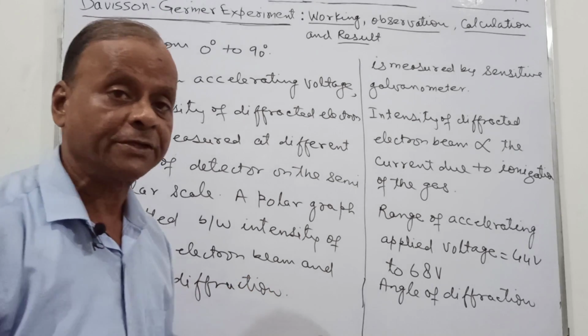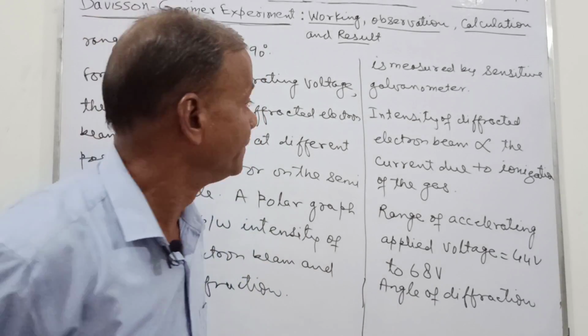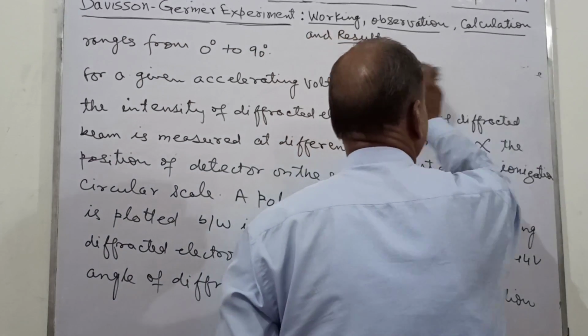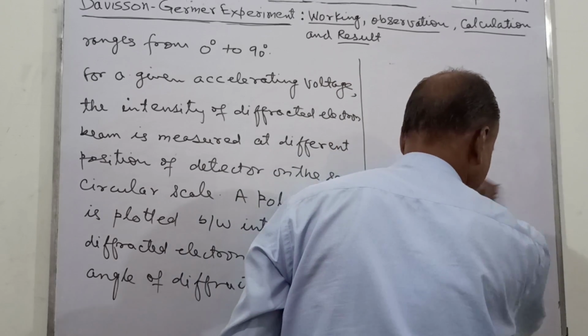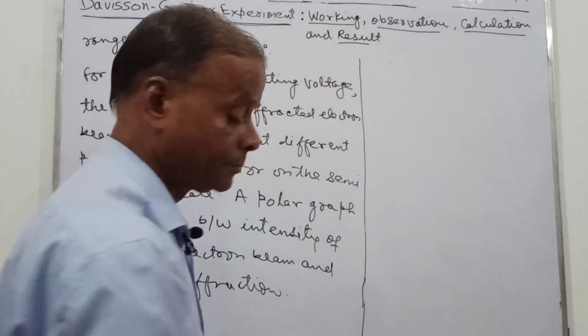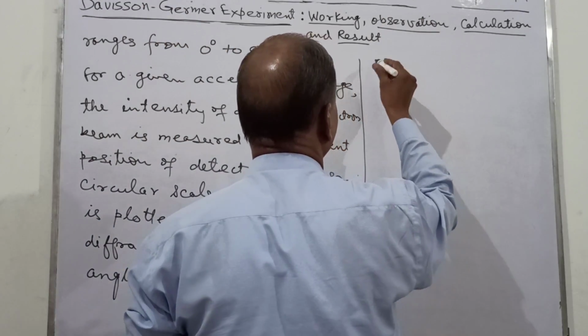So a number of graphs are obtained for different accelerating voltages. The polar graphs are like this.